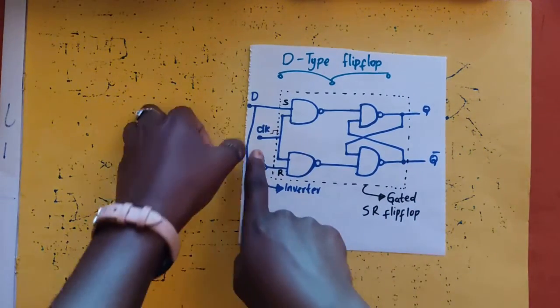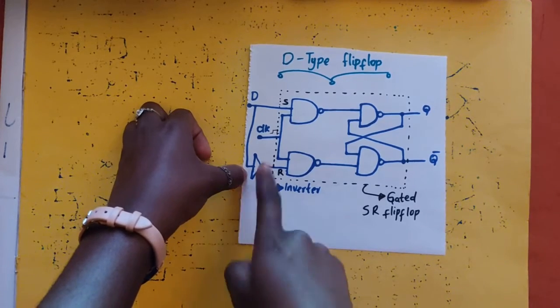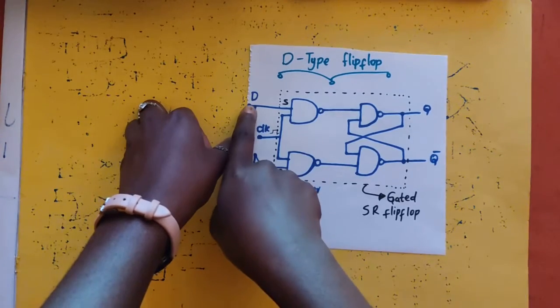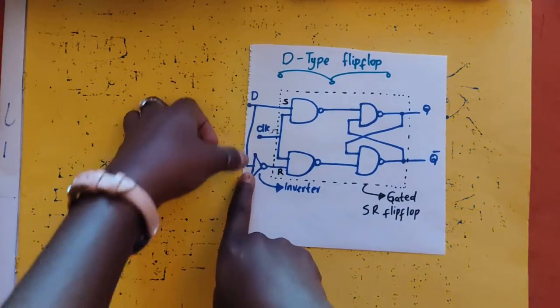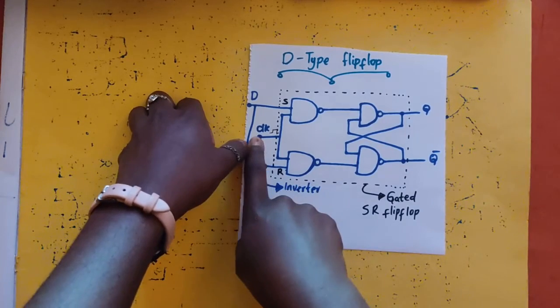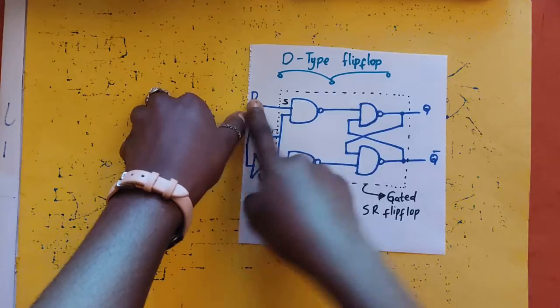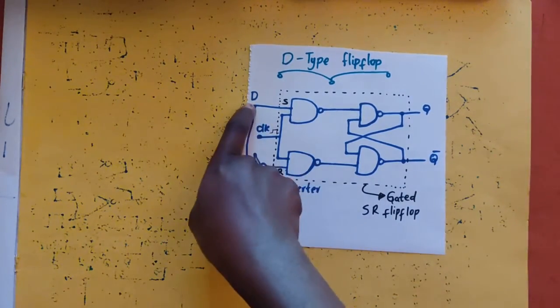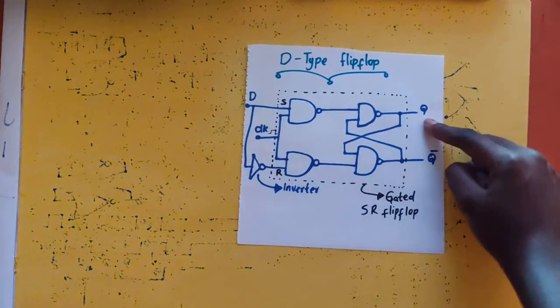So we have our input D, and our input inverted here, or its complement, as the reset. Whenever D is 1, this is 0, and whenever this is 0, this is 1. The clock works in such a way that when this input changes, the output does not exactly change. Otherwise, whenever the input changes, the output changes.